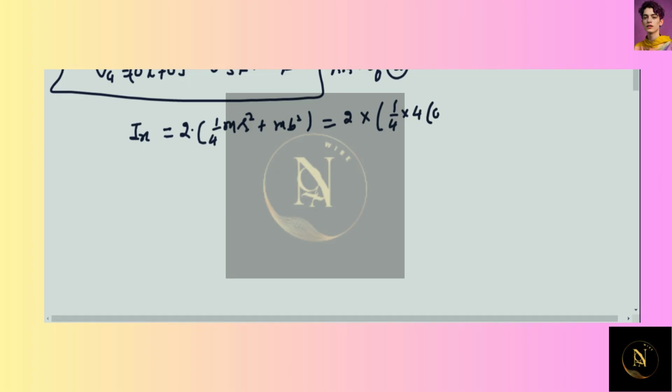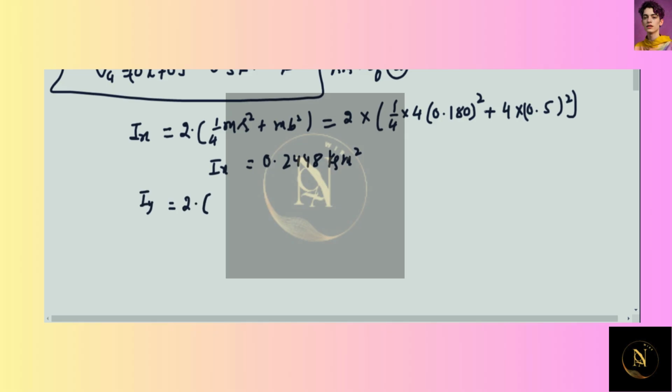Radius is 180 millimeter, and the distance between them is 0.15. So on solving it, Ix you will get 0.2448 kg meter square.